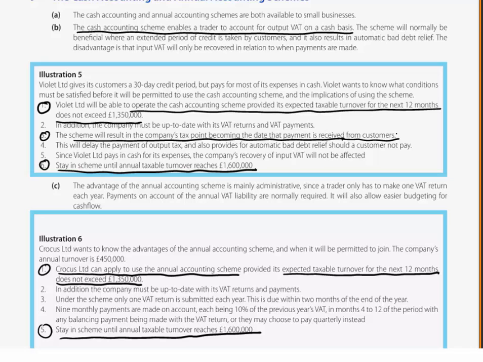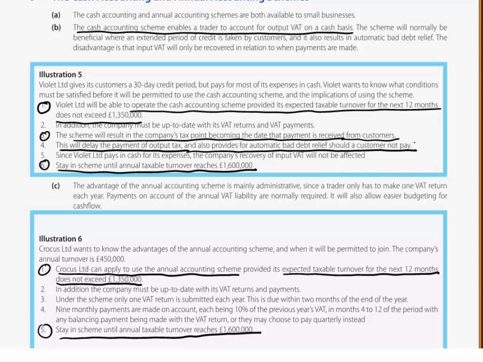Because if that debt proves to be bad and the cash never comes in, then we'll never part with the output tax on the sale, something that would otherwise have happened had we gone to the normal system that usually, of course, meant that the invoice date became the tax point. So, this scheme will delay the payment of output tax and also provide for automatic bad debt relief should a customer not pay. Because if the cash never comes in, the output tax will never be paid out.